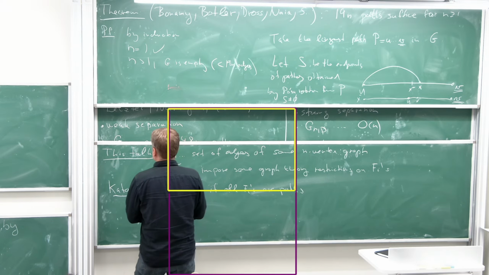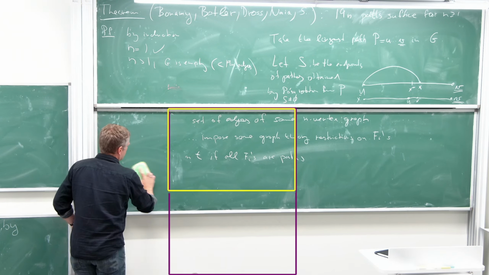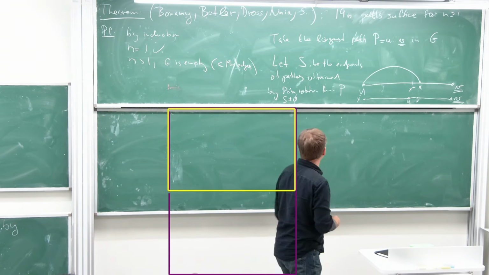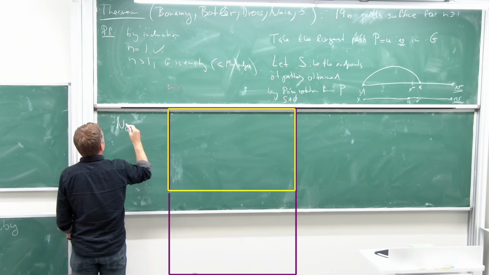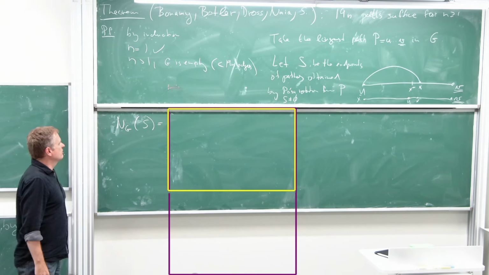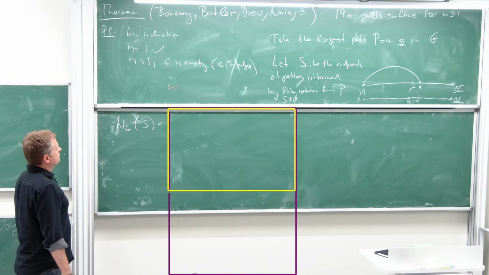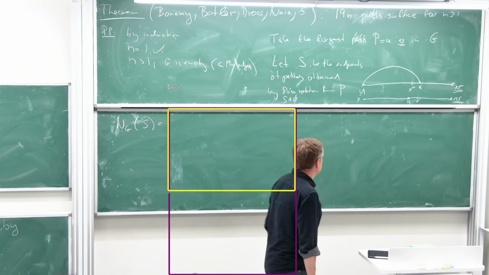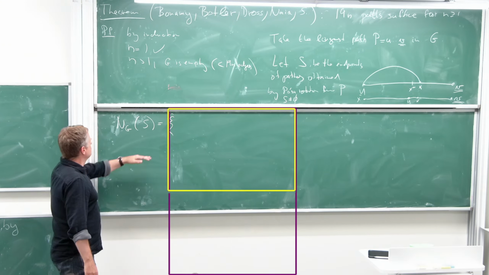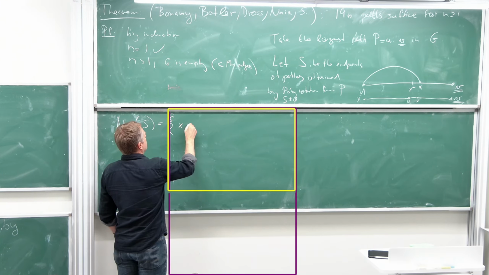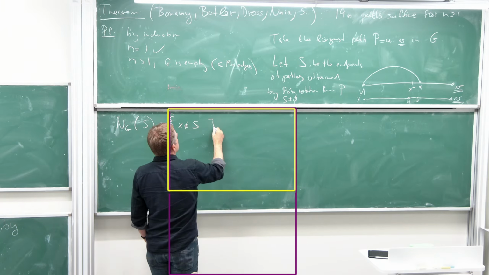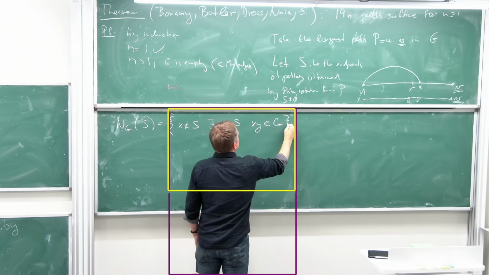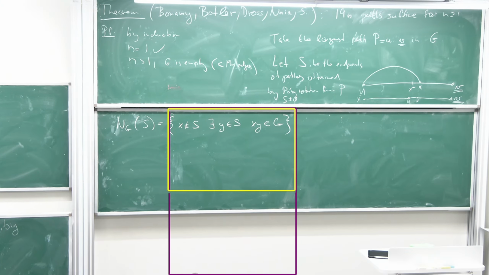All right, so why do I want this set? Well, it has some nice property. So what's the nice property? I would like to look at the neighbors of set S, but I want the neighbors which are not in S. I will abuse this notation a little bit. It will be the set of all vertices not in S with the property that there exists a vertex in S such that xy is an edge. And why?